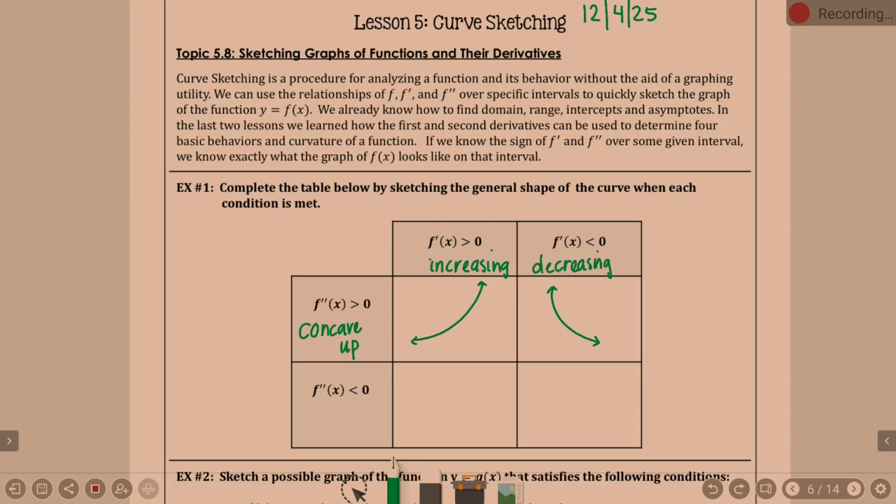The bottom row, the second derivative being less than 0, means my original graph will be concave down. Concave down and increasing. So now it's got to bend down somehow, but increasing means it has to be going up at the same time.